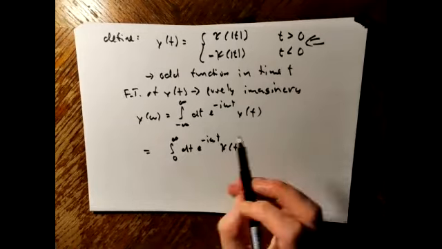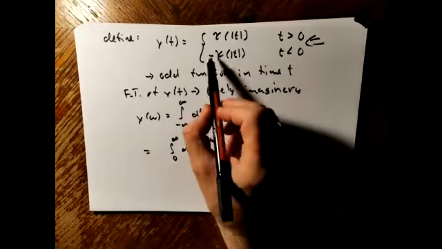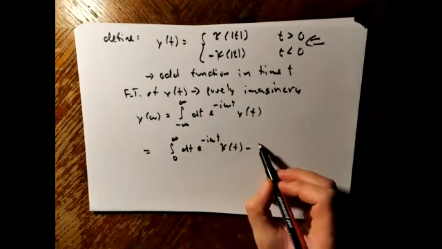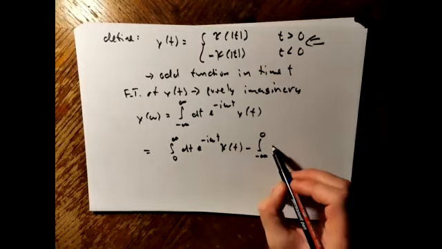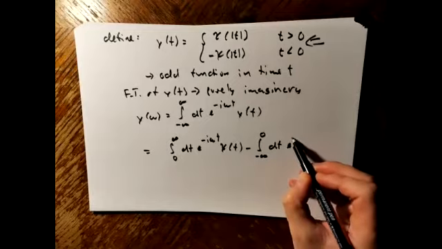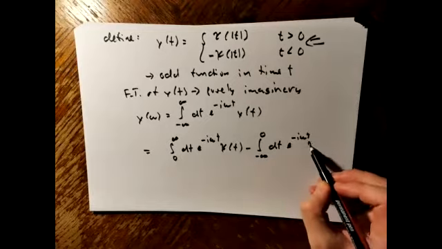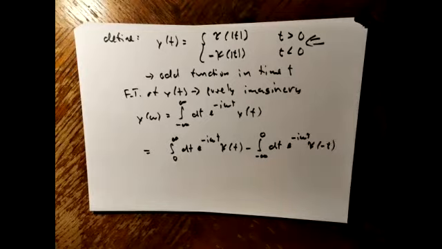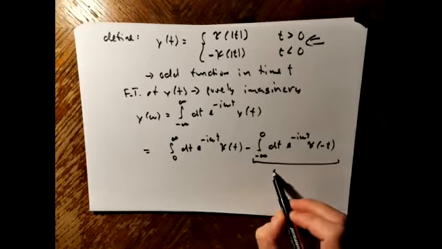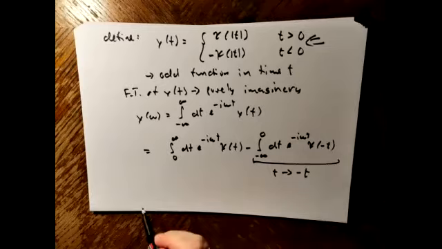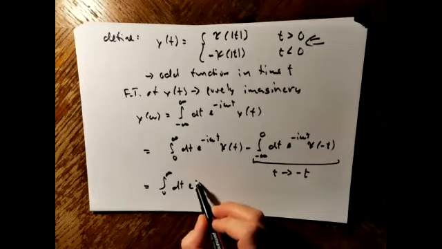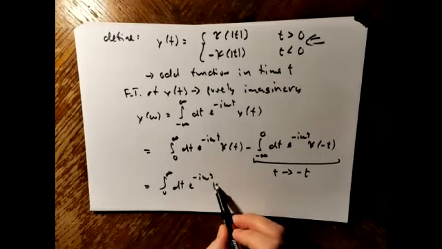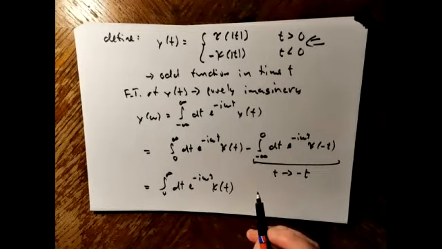And then my second piece, well, here's a minus sign, so I'm going to put that minus sign there, but it's going to be integral from minus infinity to 0 dt e to the minus i omega t chi of minus t. And then in this piece, I'm going to send t to minus t, and I get integral from 0 to infinity dt e to the minus i omega t chi of t.